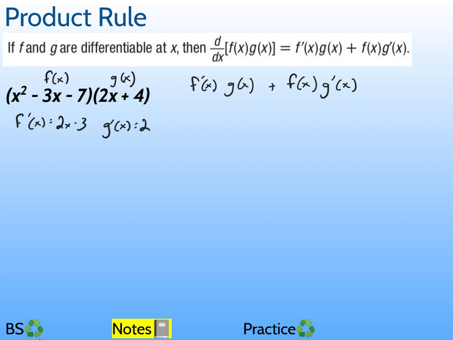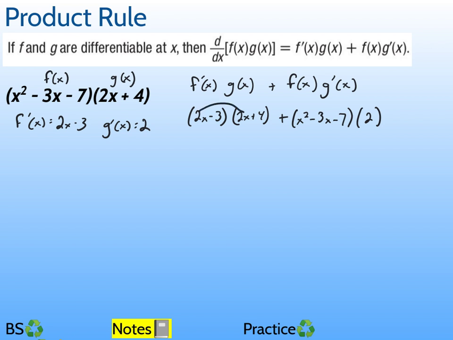So with this we have 2x minus 3 times g of x, 2x plus 4, plus regular f of x is x squared minus 3x minus 7 times g prime of x, which is 2. So all that's left to do now is distribute here.